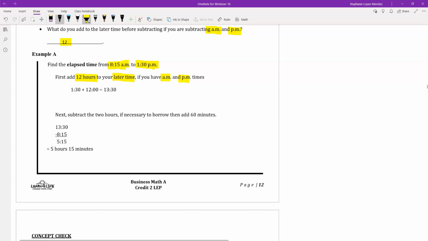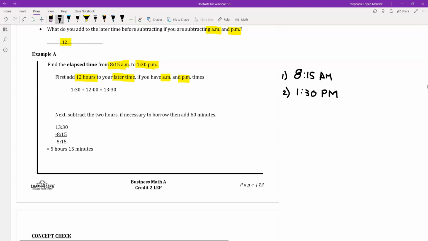So we can go ahead and I have, let me write it here, 8:15 AM and I have 1:30 PM. Now, which one happens first? Of course, the morning, right? And the second thing that happens is at 1:30 PM.